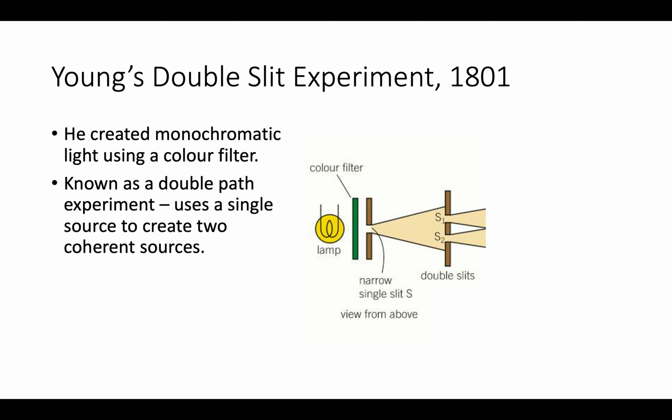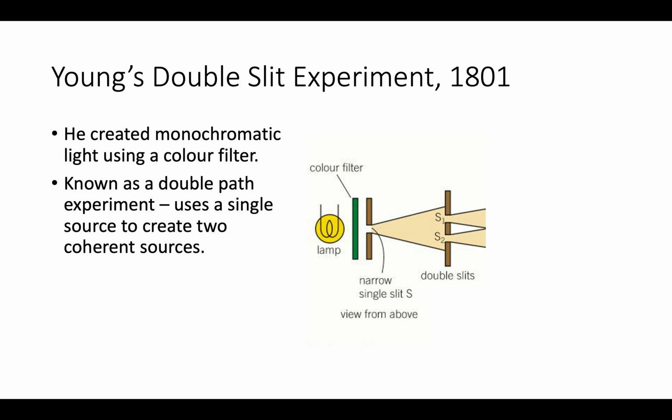So what he did was he had a single slit, and because it's a narrow slit, the light spreads or diffracts from that place and reaches S1 and S2, but because the waves that reach S1 and the waves that reach S2 have both come from the same location, the narrow single slit, they'll be always in step. This means now we've got a coherent source.